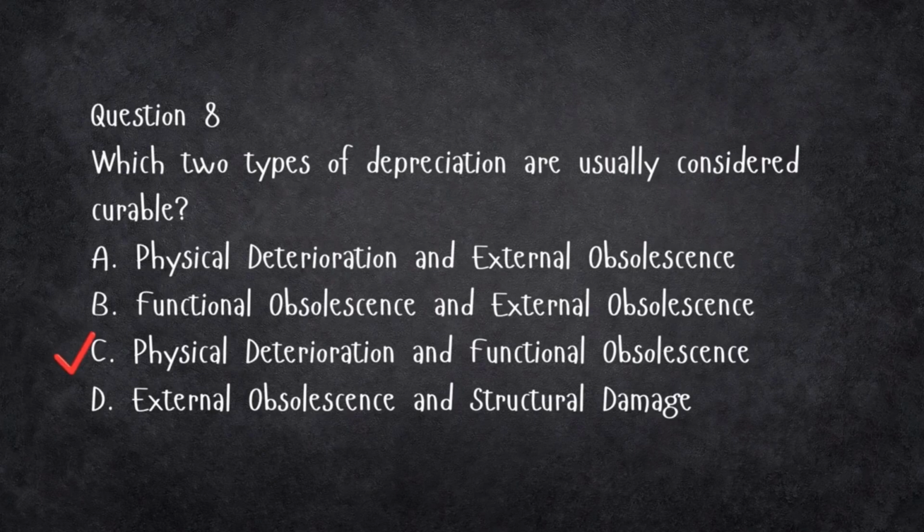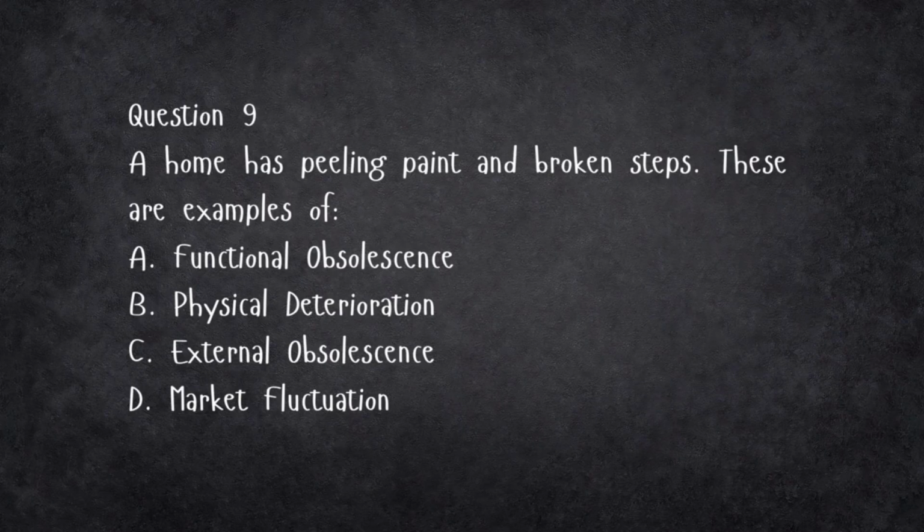The answer is C. Physical deterioration and functional obsolescence. Question 9. A home has peeling paint and broken steps. These are examples of A. Functional obsolescence. B. Physical deterioration. C. External obsolescence. D. Market fluctuation. The answer is B. Physical deterioration.